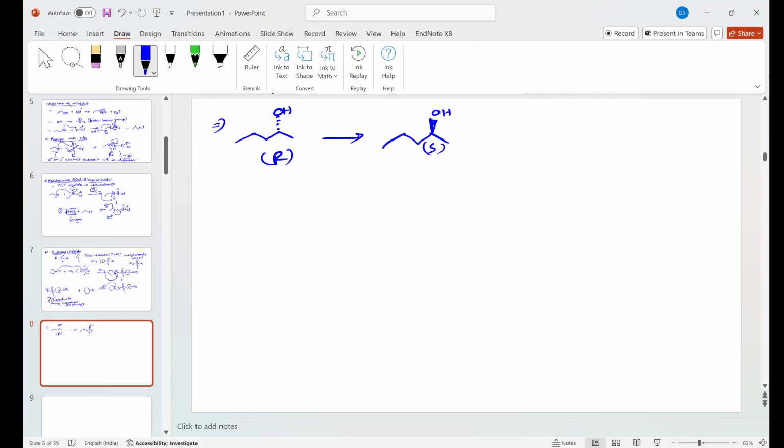So you generally can think of like you should have some leaving group here. Okay. And then some nucleophile will come and just replace this so that you can get your desired product.